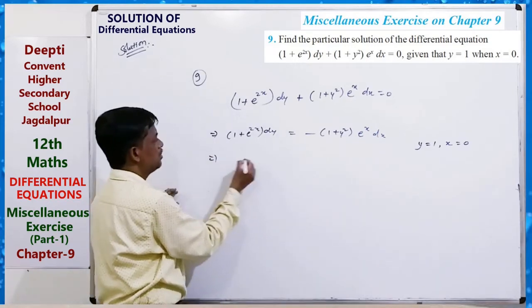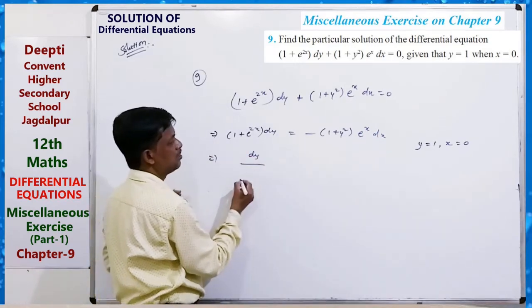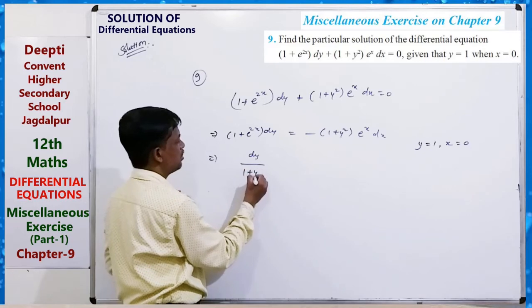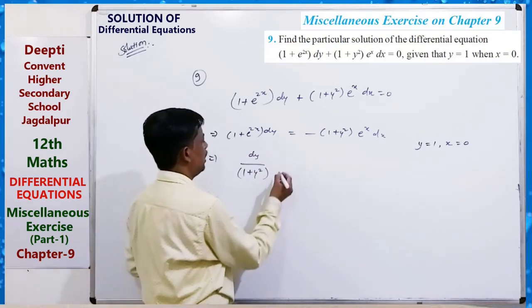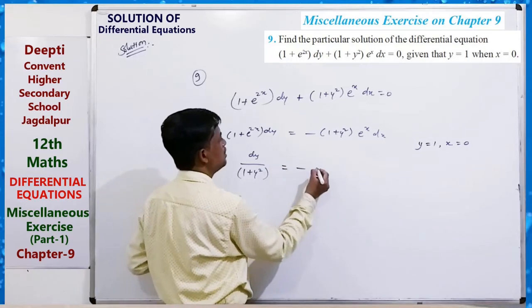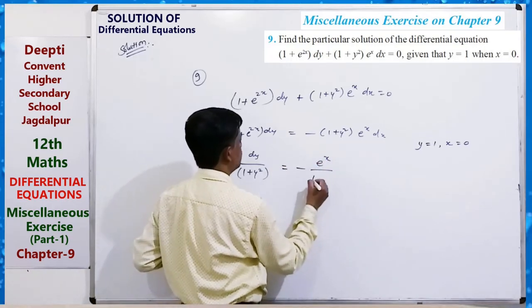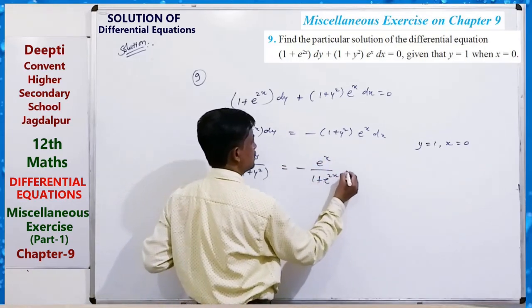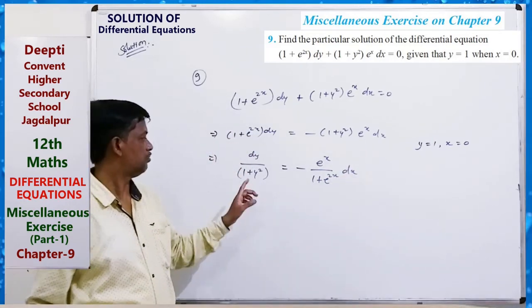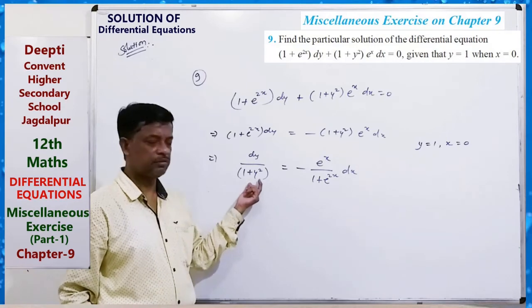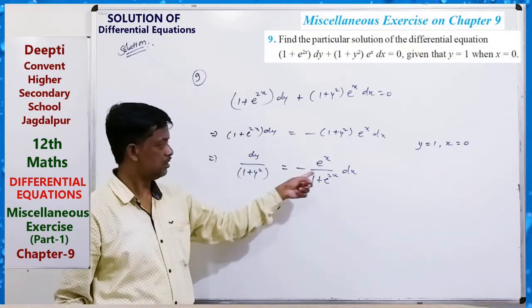So here dy upon 1 plus y square equals to minus e to the power x upon 1 plus e to the power 2x dx. This is related to y, function related to y with y, and this is with x.